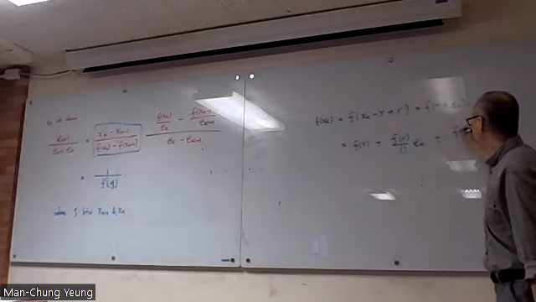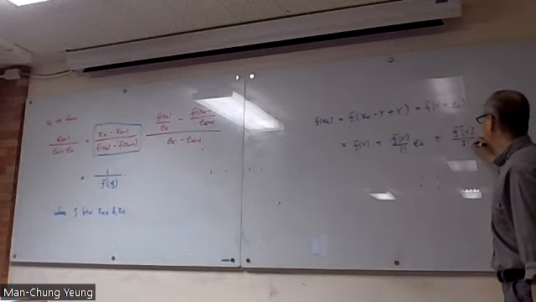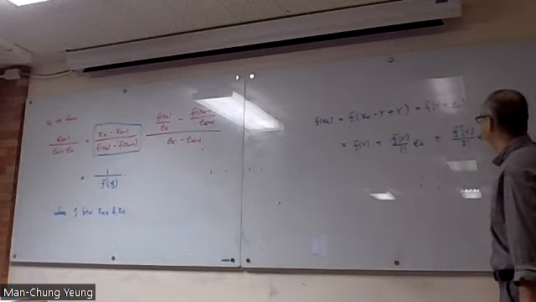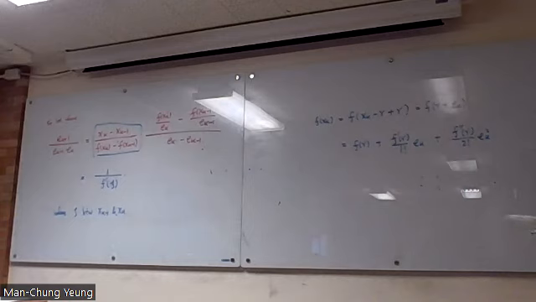Third term, second derivative at r over 2 factorial e_k squared. The next term, the last term, 1 over 3 factorial f, third derivative, evaluated at some point xi_1, e_k cubed.